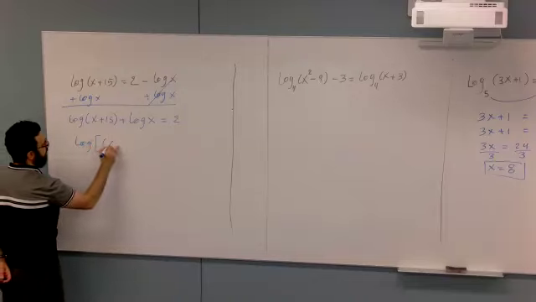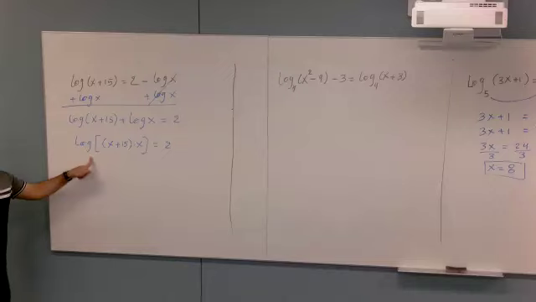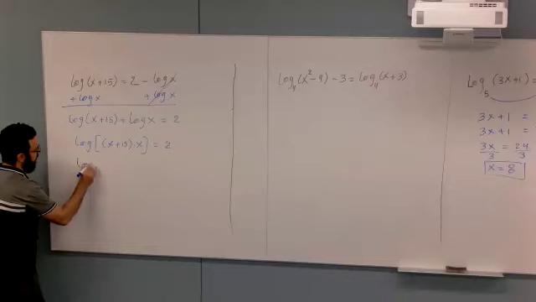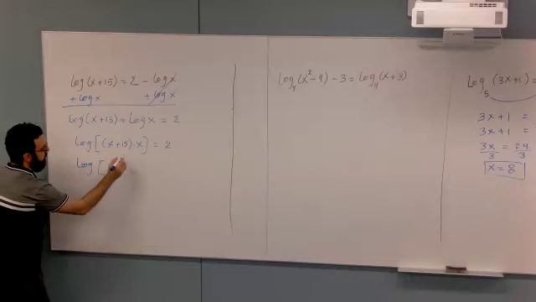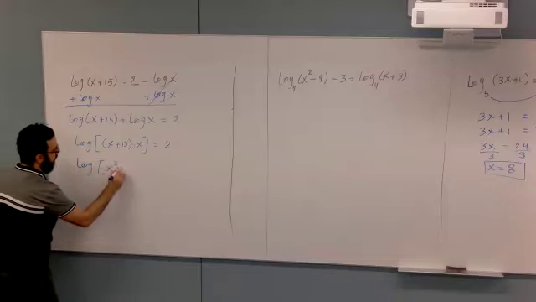Check, do we have a base? No. Okay, it has a 10 if it's a 10. I'm trying to make sure that there's a number here. If there is no base, that means how much is the base? 10. So now distribute here. Log is going to be what? x squared plus 15x equal to 2.